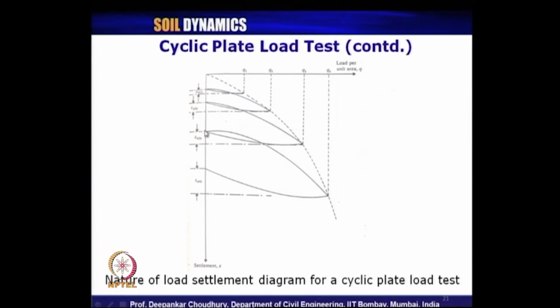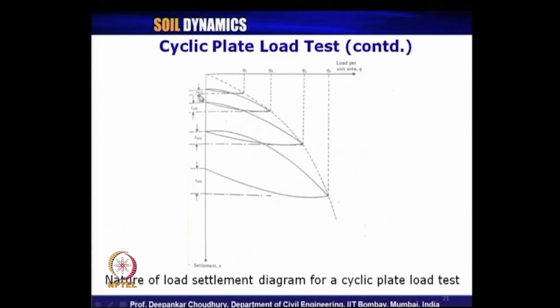So, elastic settlement is this much, SE3 is the elastic settlement corresponding to load applied Q3. In the fourth cycle, for the load applied Q4, the total settlement is this much, and after taking out the load completely, the settlement remains up to this. So, this much is elastic settlement. So, SE4 is the elastic settlement for the applied load Q4.